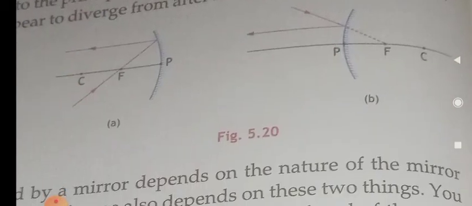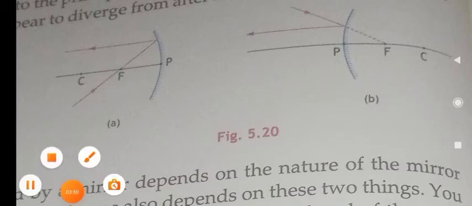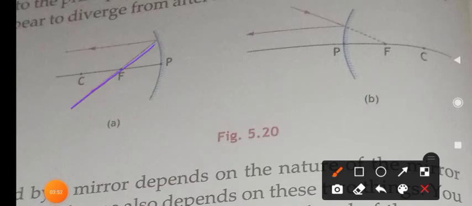Now finally, a ray of light passing through the focus of a concave mirror, or moving towards the focus of a convex mirror, travels parallel to the principal axis after reflection.